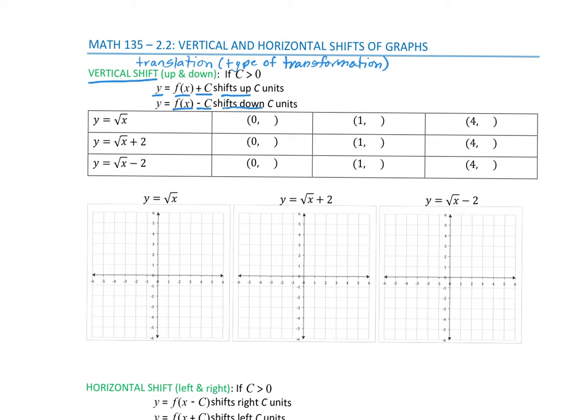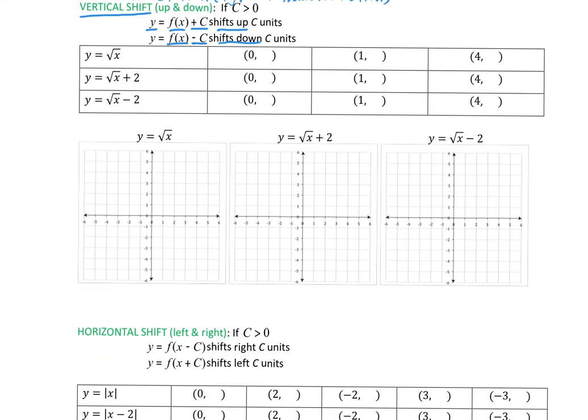What we're going to do is look at a specific example using specific basic functions or parent functions. We're going to look at our square root function, y equal to the square root of x. Just to note, our f of x is equal to this square root of x. Now I'm just going to plot some points.